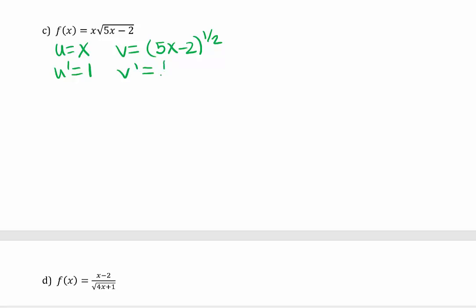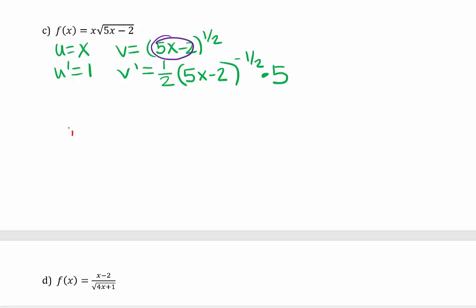The derivative is going to be 1/2 times that something to the negative 1/2 power. So 1/2 (5x minus 2) to the negative 1/2 power. And then the chain rule says we multiply by the derivative of the inside function, which in this case would be 5. Derivative of 5x minus 2 is 5.